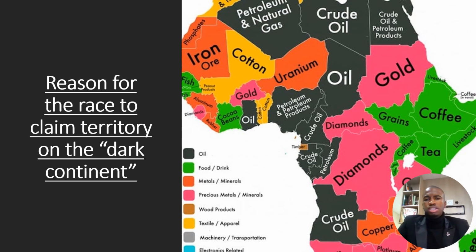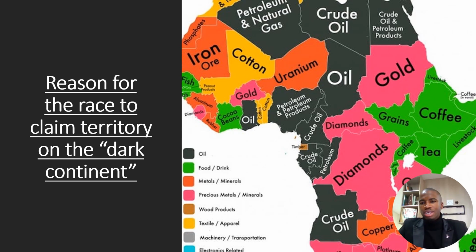These are some of the resources that Africa is rich in: diamonds, gold, coffee, grains, crude oil, uranium, and so forth. These are the minerals and resources that South Africa, or even Africa at large, had in abundance, meaning in large quantities.